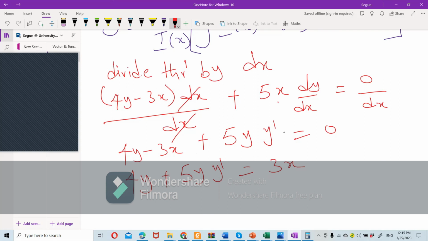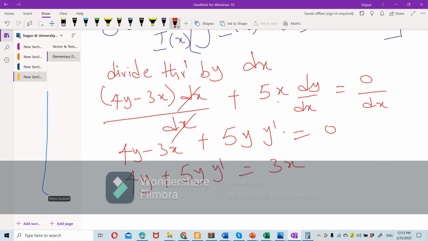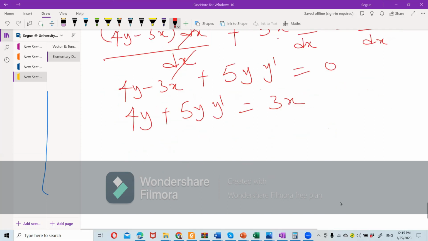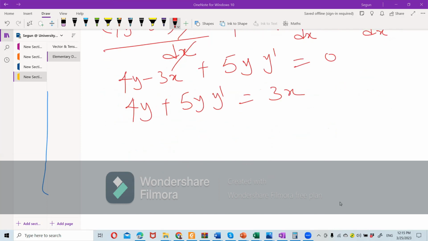Now we can see q of x coming out. If my q of x is coming out, what next do I need to do? I need to write it this way: 5x y prime plus 4y equals 3x.